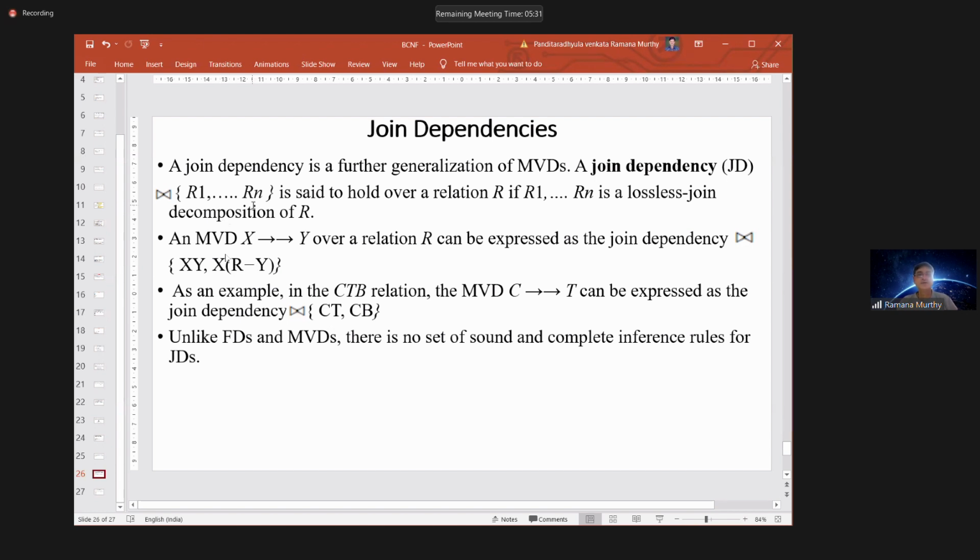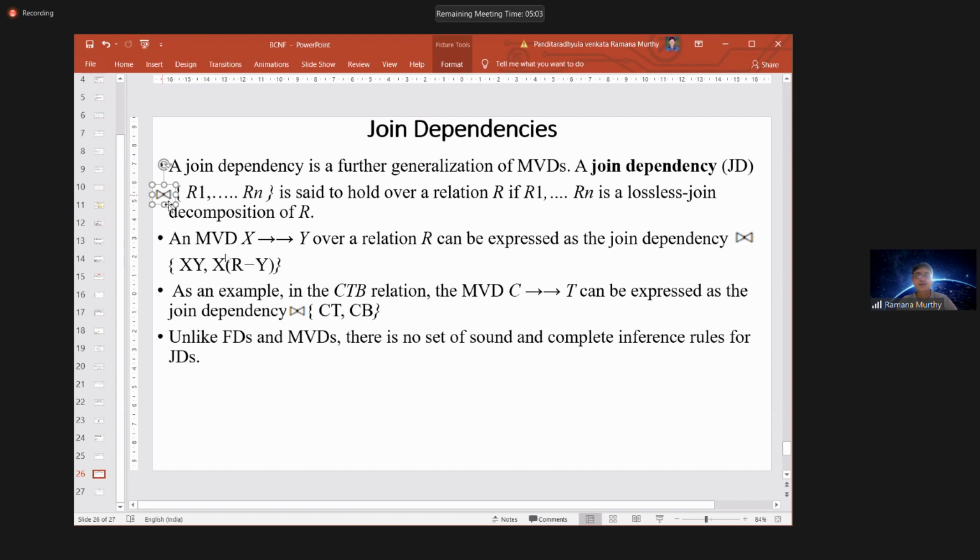But sometimes, whenever you divide into multiple tables, you identify whether it is a lossless join or not. Then what we are doing is combining all those tables into a single table. We are joining all those tables into a single table, using the natural join or other joins.